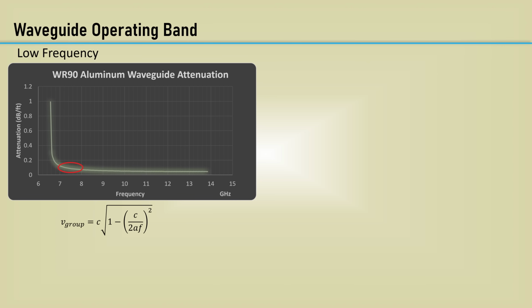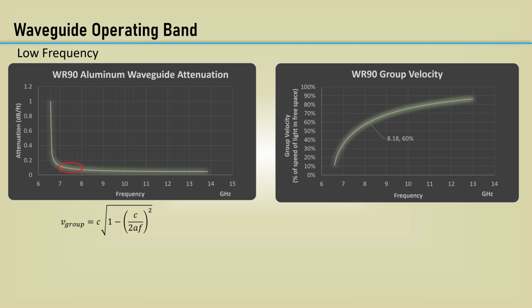Here's the equation for group velocity. Group velocity in a waveguide is the speed at which the electromagnetic energy travels in the guide. Here is a chart of the group velocity versus frequency of the WR90 waveguide in percent relative to the speed of light in free space. The microwave gods determine that you should not operate below 60% of the speed of light.